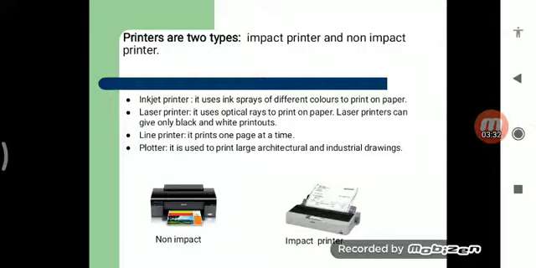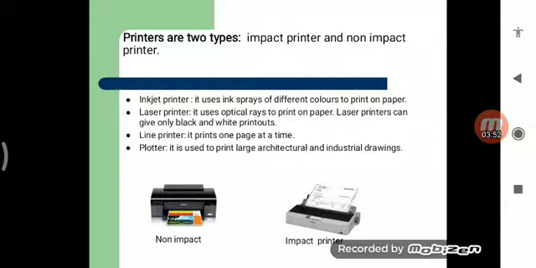Inkjet printer uses ink spray of different colors to print on paper. Laser printer uses optical rays to print on paper. Laser printers can give only black and white printouts. Line printer prints one line at a time.